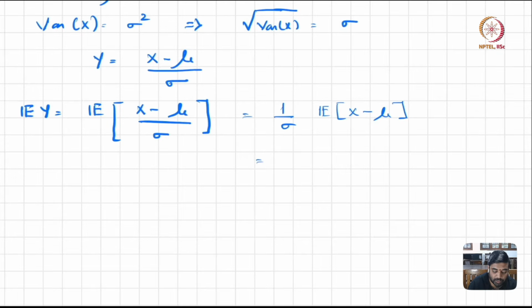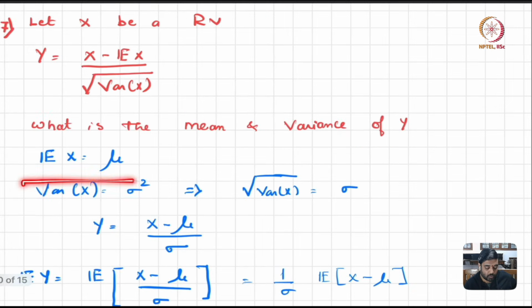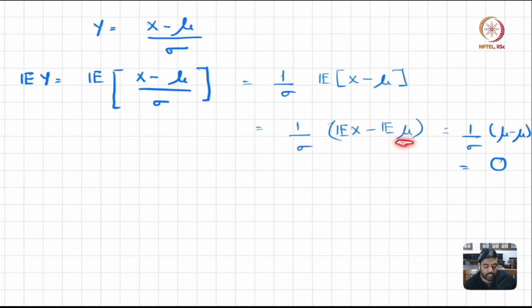By the linearity of expectations, this is expectation of x minus expectation of mu. We know that expectation of a constant is the constant itself. Therefore, this will be 1 over sigma into mu minus mu. I have said that expectation of x is mu, and here mu is a constant, and expectation of a constant is the constant itself. So mu minus mu is 0, and 0 into anything is 0. So I got 0 over here.